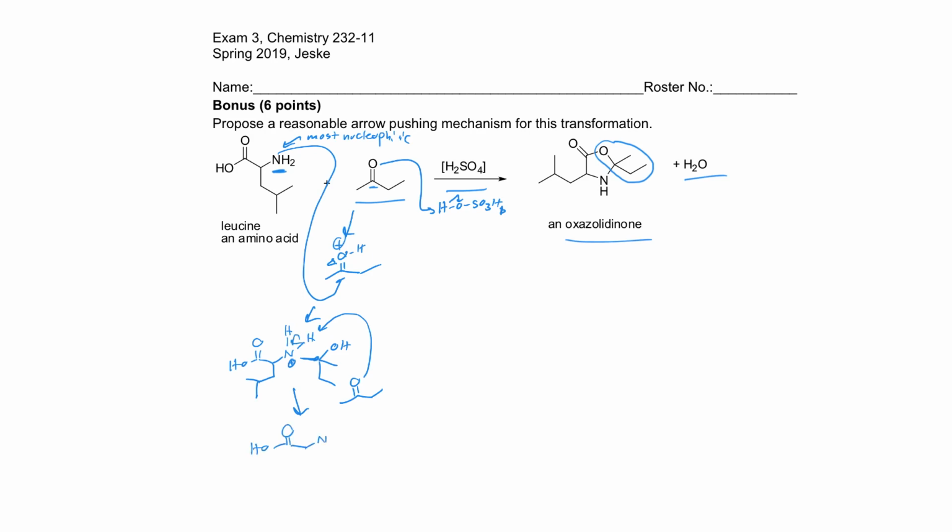And again, how did I know that the imine is formed? Well, I observed that we had a ketone and an amine, and that's going to be highly likely to form an imine functional group. And now I'm going to protonate the alcohol so that I can eliminate to make the imine.